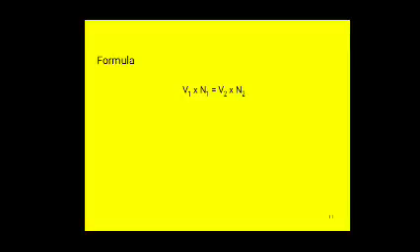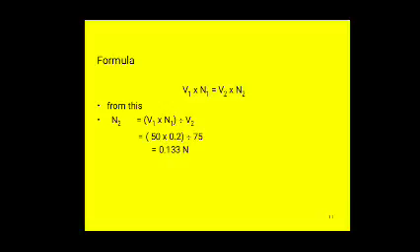Formula: N1 V1 is equal to N2 V2. Therefore, N2 is equal to N1 V1 by V2, that is 50 into 0.2 by 75, which is equal to 0.133 normality.